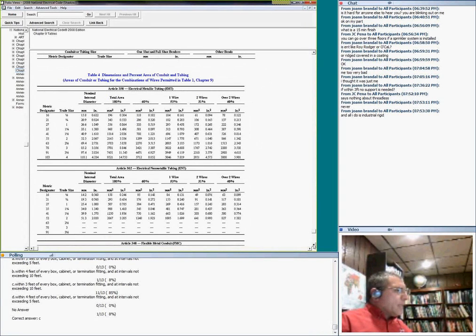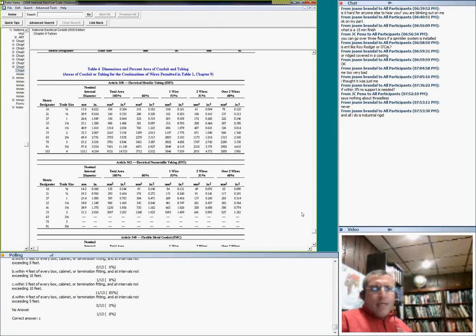Guys, if your conductors are of different type and size, you basically have to use Table 5. Let me use a different color here. There you go. So the conductors are different.